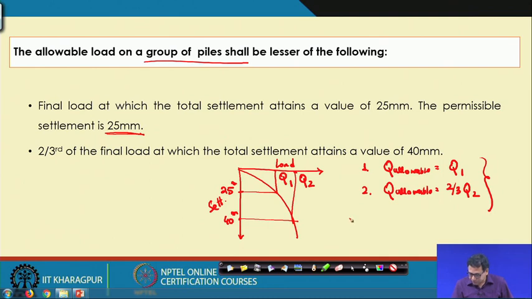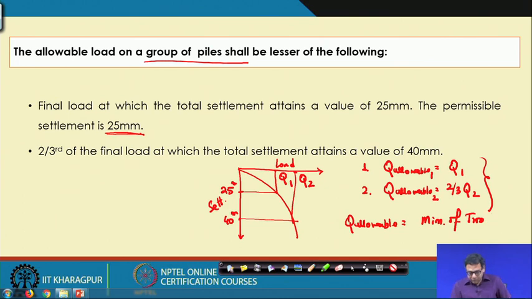Your actual Q allowable, with this being Q allowable 1 and this Q allowable 2, is the minimum of these two. This is for the group pile.